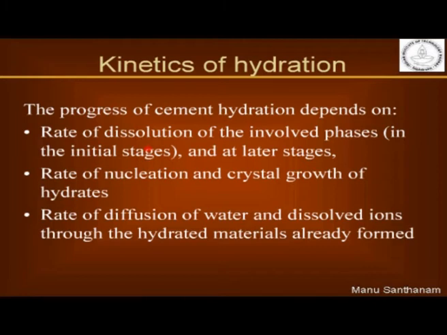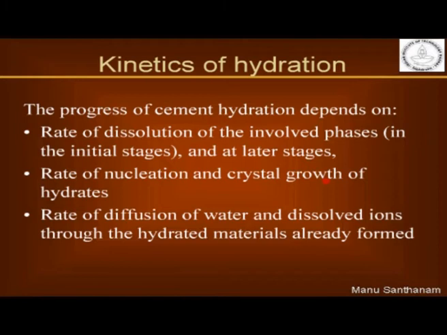After that, as your cement hydrates and as the hydration products develop, it's the rate at which you can deposit these hydration products, which are either crystalline or semi-crystalline. In typical crystal growth terms, we call it the rate of nucleation and crystal growth of the hydrates.